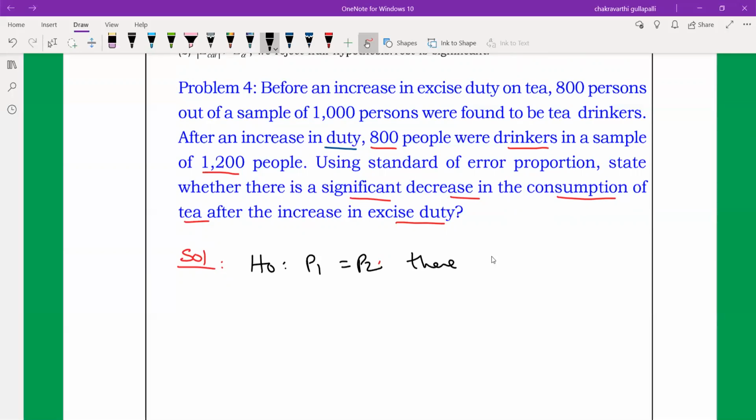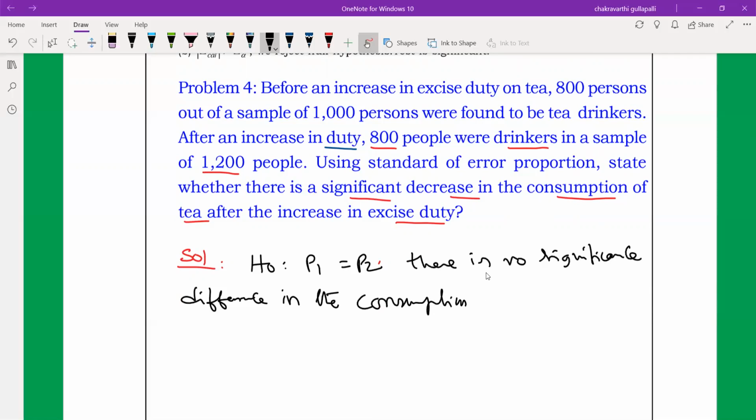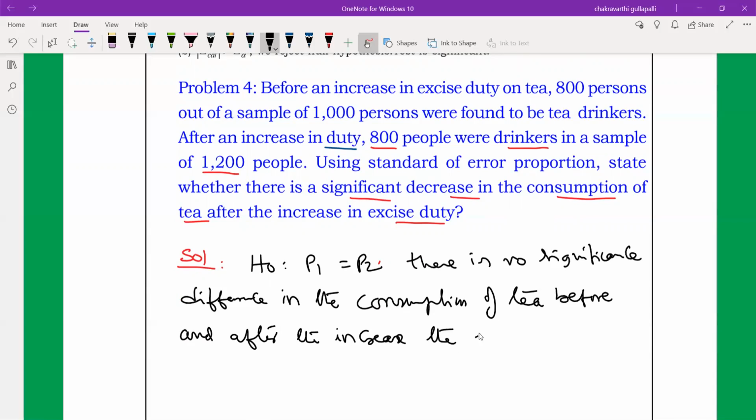That is, there is no significant difference based on the given information in the consumption of tea before and after the increase in excise duty. This is the statement.